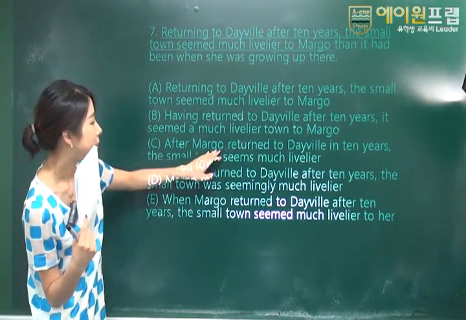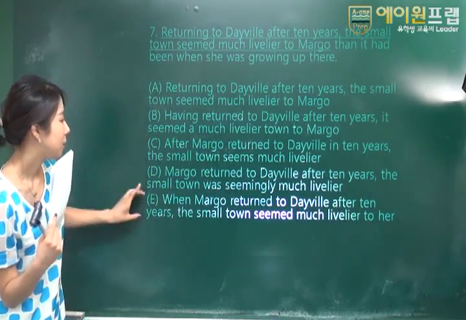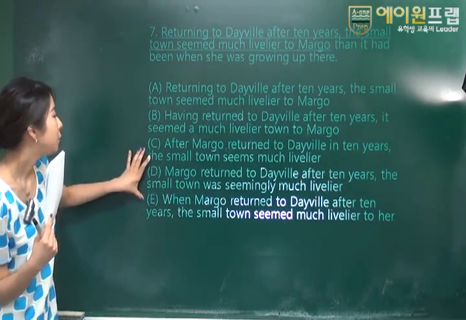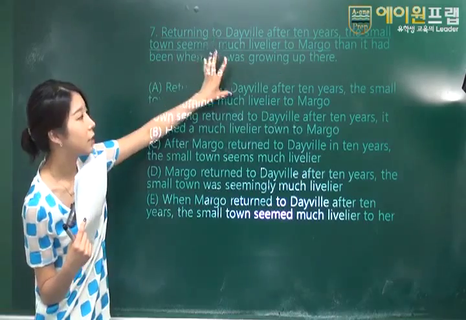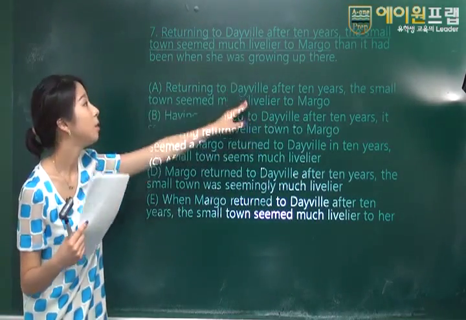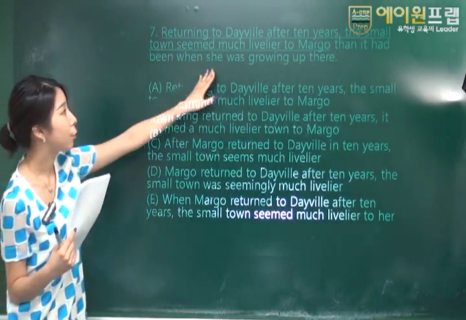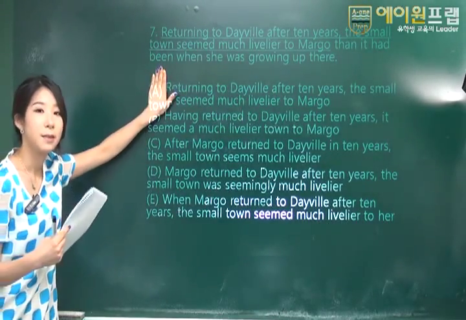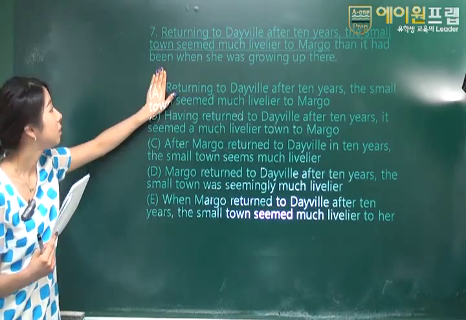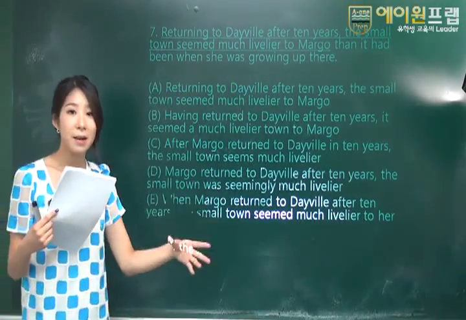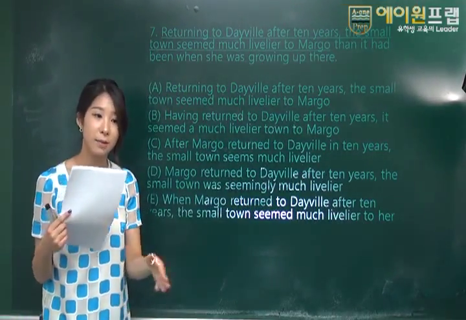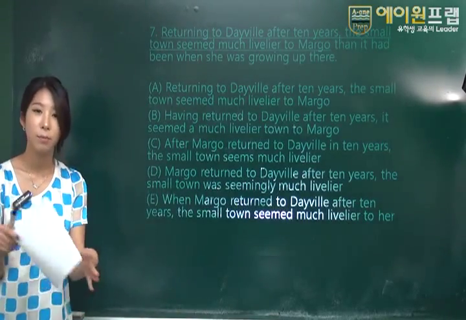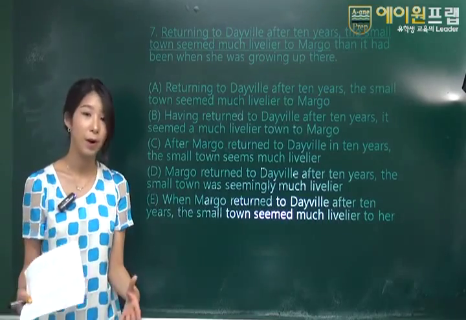The part in C and the part in E are both correct. But we have to put them here and see if that corresponds with the rest of the sentence. So, it had been when she was growing up there. What kind of tense is it? It's a past perfect. It occurred in the past, and it's already over in the past. They all happened in the past altogether, and it's not related to the present anymore.